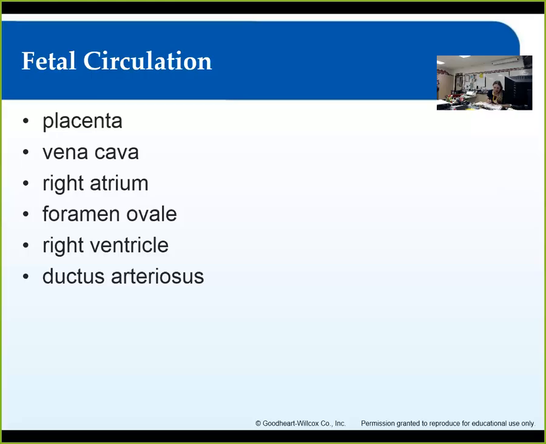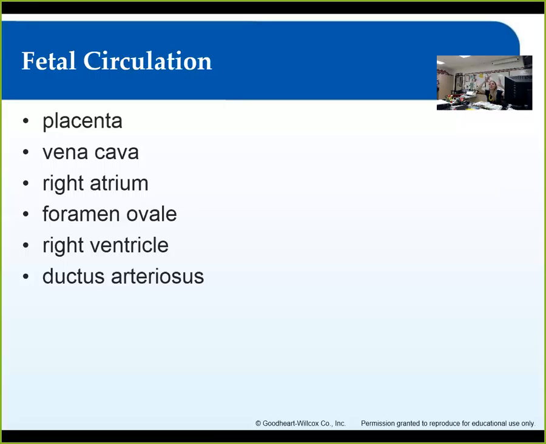Now, I want you to look at the foramen ovale. Notice it looks like a little hole in this picture. And it is. That's exactly what it is. It's actually a hole between the 2 atria, the right and left atria. And what that does is that allows that new oxygenated blood that's just made its way into the right atrium to go across to the left side of the heart, right?